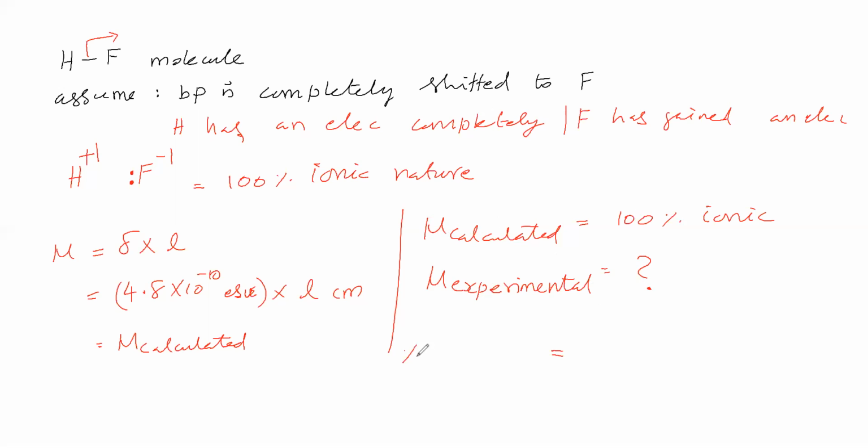Therefore, percentage of ionic nature is equal to experimental dipole moment by calculated dipole moment into 100.